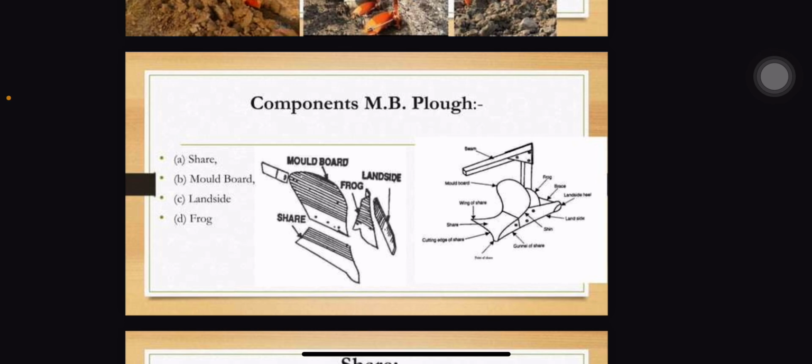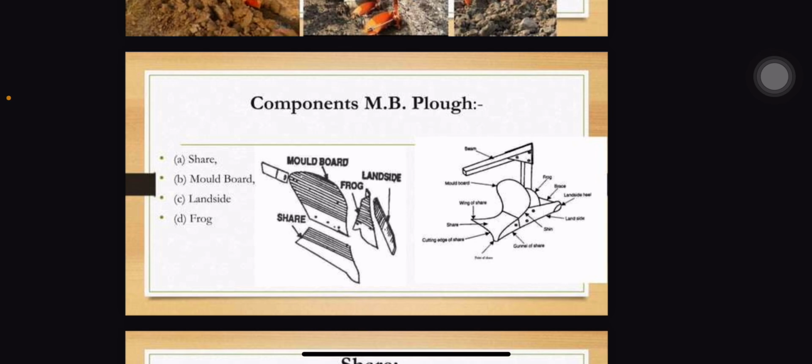But in case of the moldboard plough, you can see the weeds or any other trash is turned into the furrow slice, which is completely buried under the soil. If it gets buried under the soil, what will happen? The nutrients from the trash particles will be absorbed by the plants. But in case of disc ploughs or any other ploughs, the trash, meaning the harvested or leftover particles of the field, will be left in the field.